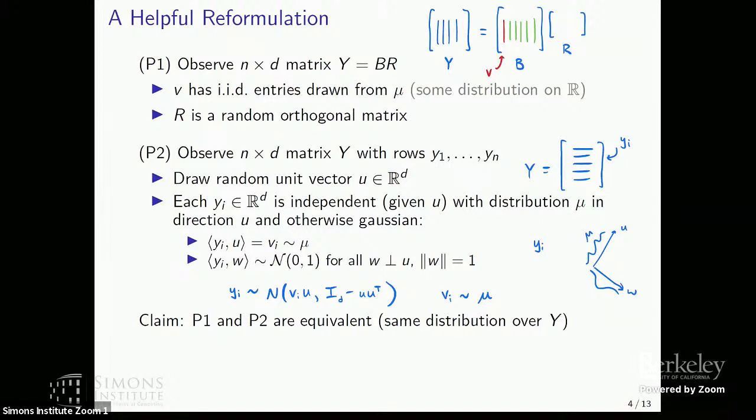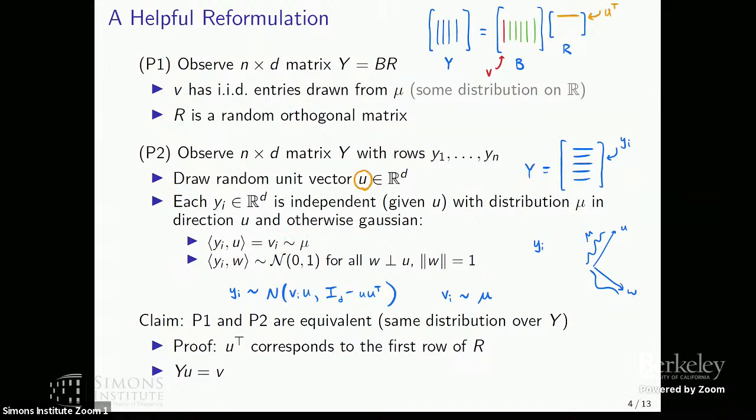Okay, so why are they the same? I claim that these literally give you the same distribution over matrices Y. Where this mu here corresponds to the same mu here, the entry-wise distribution of V. And so, okay, why is that? Right, so I've suggestively written Vi here because it does indeed correspond to the same V. Now, the less clear part is what does this U correspond to?